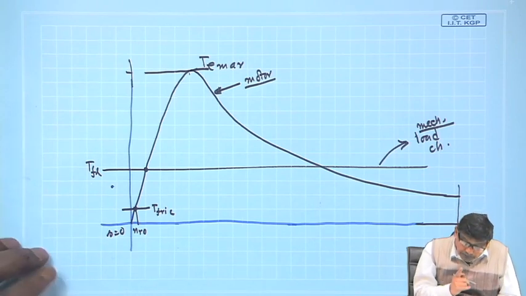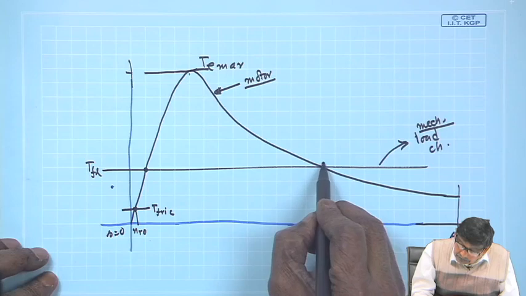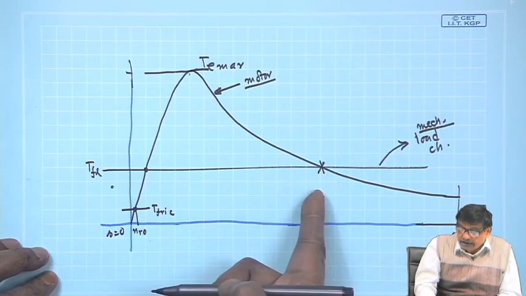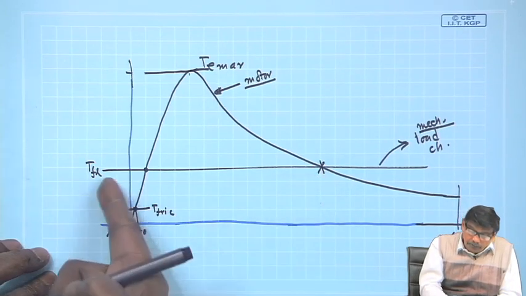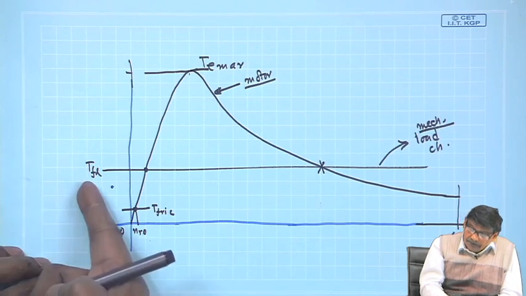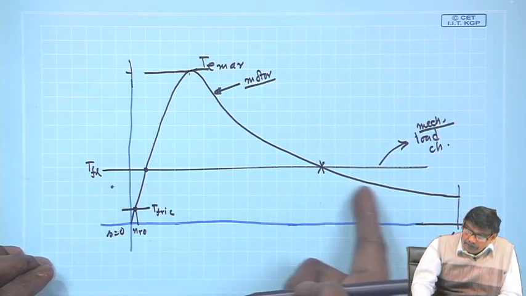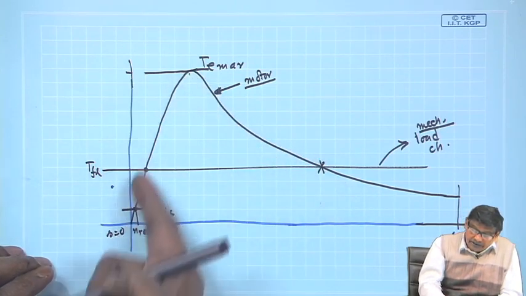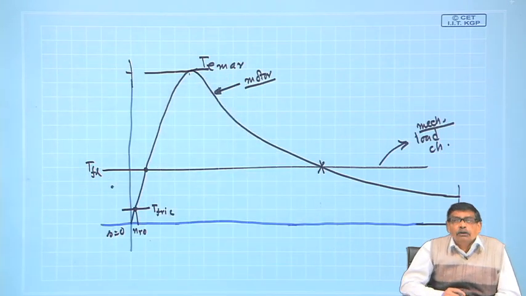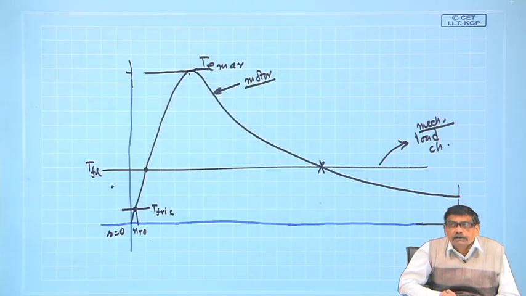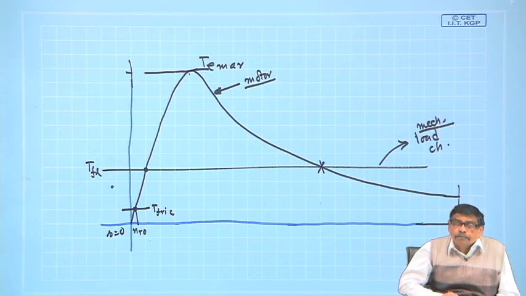Now, you observe carefully, there are two operating points it looks like, because at these two operating points, the electromagnetic torque generated by the motor will be equal to the opposing full load torque, the mechanical load torque present.